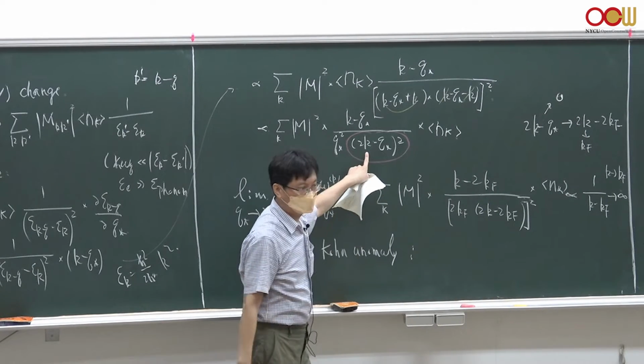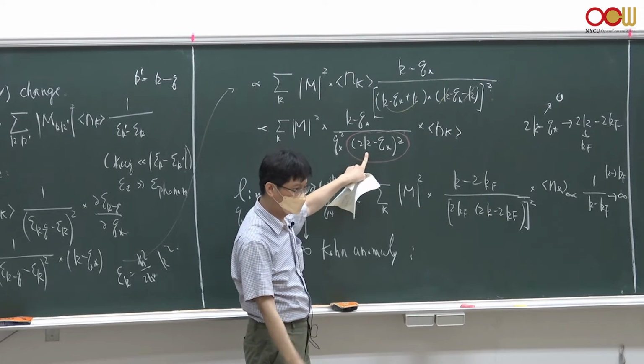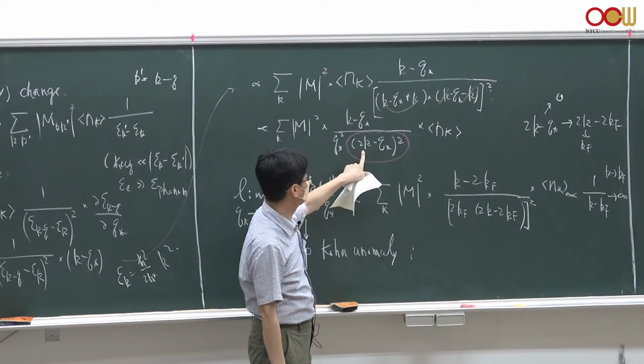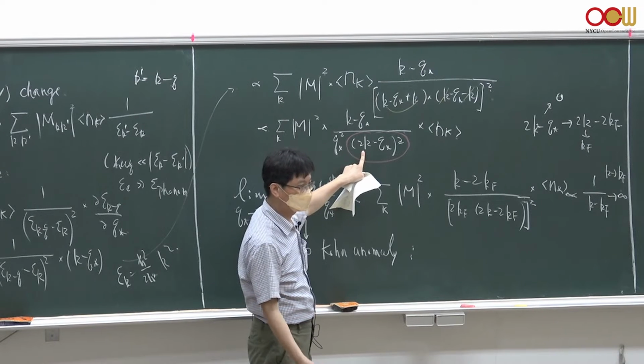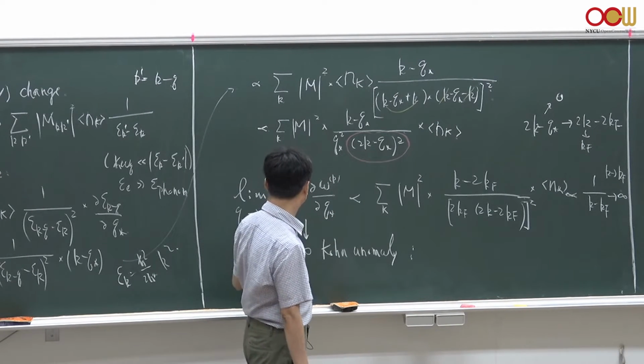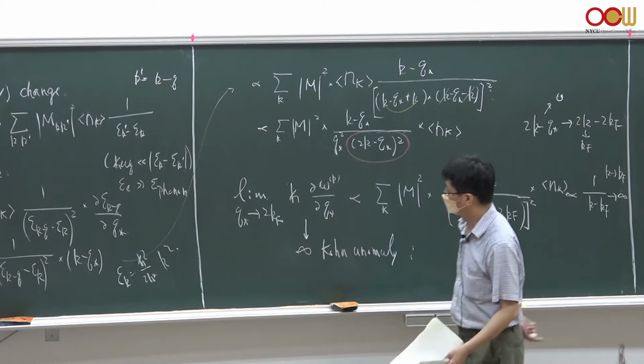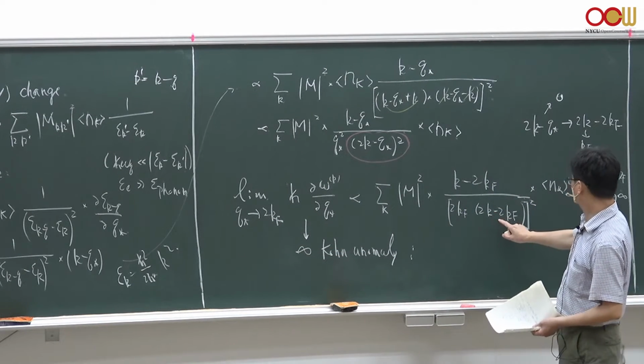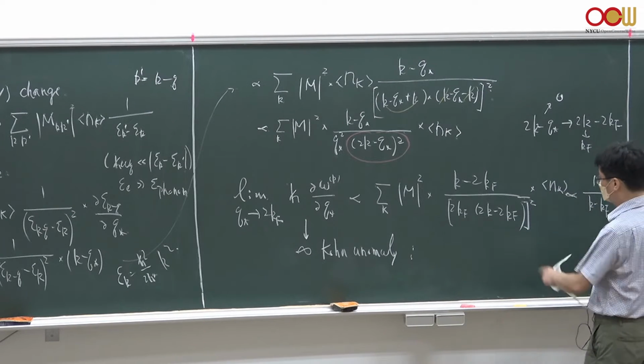So when k approaches k_F, which is the case for low temperature metals, and when q star is close to 2k and k close to k_F, which means that when q star is close to 2k_F, you can very clearly see that the energy denominator vanishes.